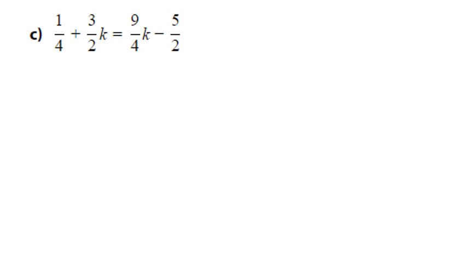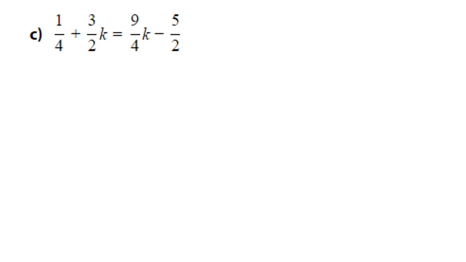Let's do one more. Now this one has fractions in it. But remember, whenever you see a problem like this and you see a fraction, don't panic. Just pretend it was a normal number and think of what would I do if that was just a 2 there. So I have a quarter plus 3 halves times k is equal to 9 fourths times k minus 5 halves. My first step is to get my variables on one side and my numbers on the other.